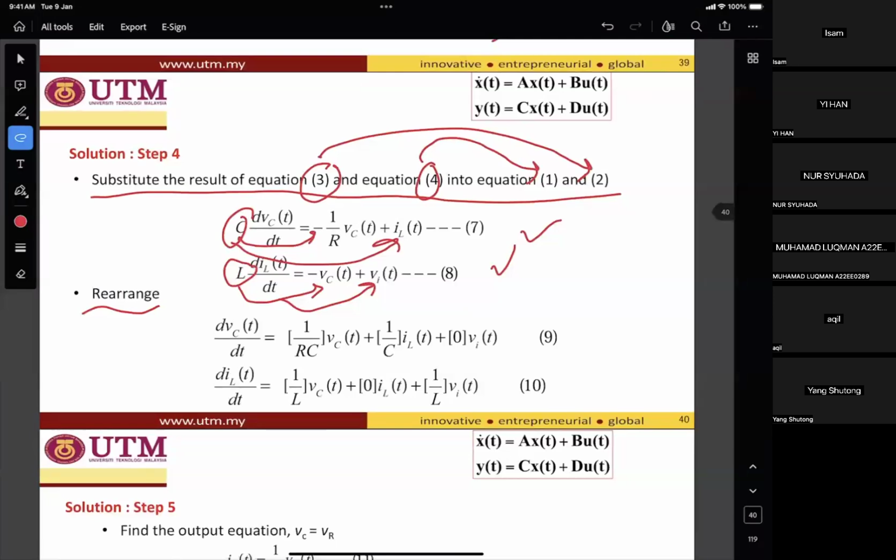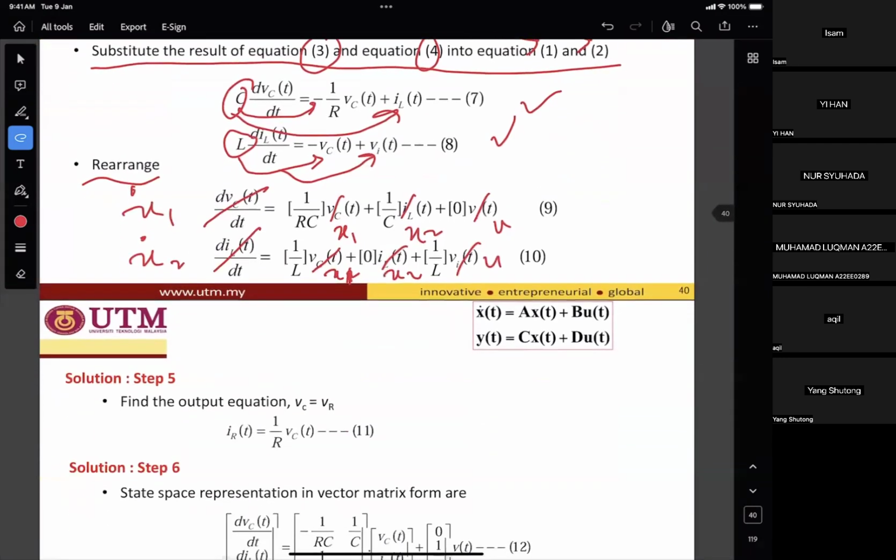This is the x1 dot. This is state variable x1. This is state variable x2. And VI is equal to U. dIL/dt is the derivative of the second state variable. VC is the first state variable, IL is the second state variable, and VI is equal to the input.